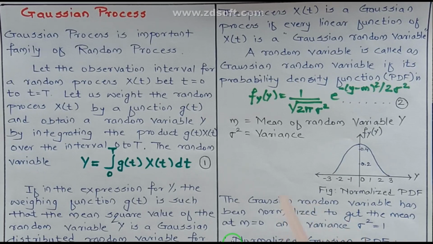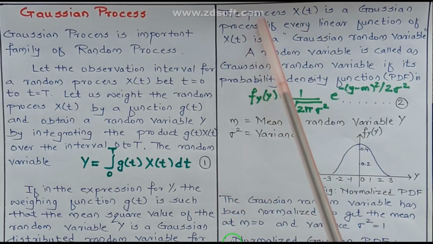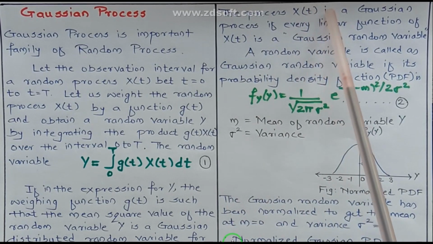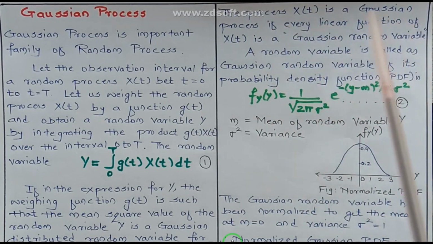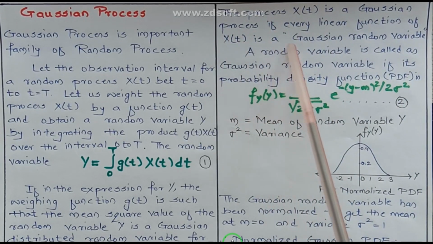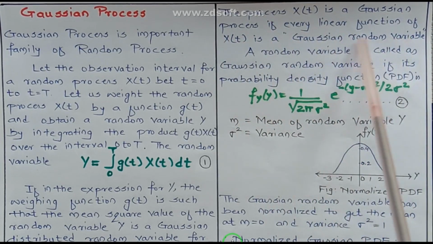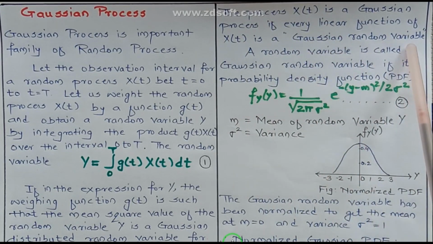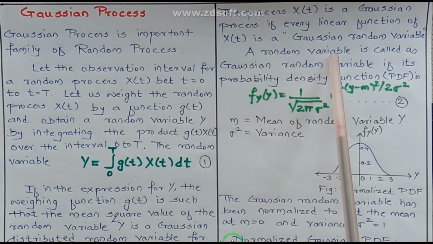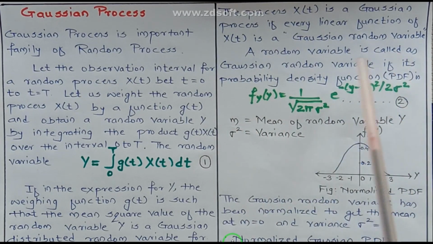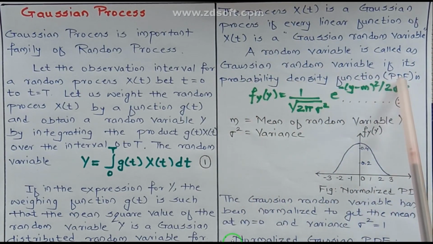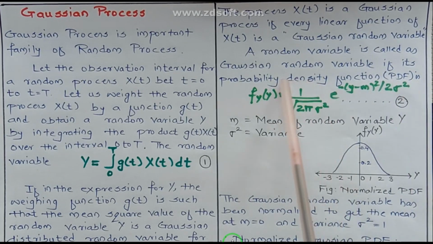In simple words, we can say the process x of t is a Gaussian process if every linear function of x of t is a Gaussian random variable. And what is a Gaussian random variable? A random variable is called a Gaussian random variable if its probability density function, PDF, is of the following nature.